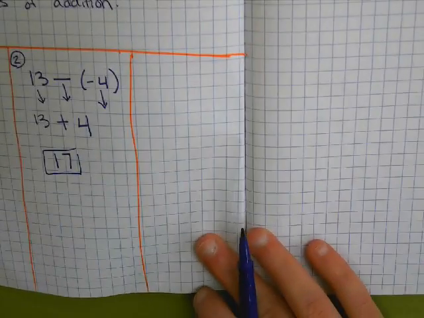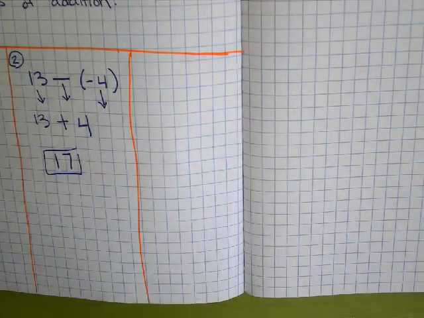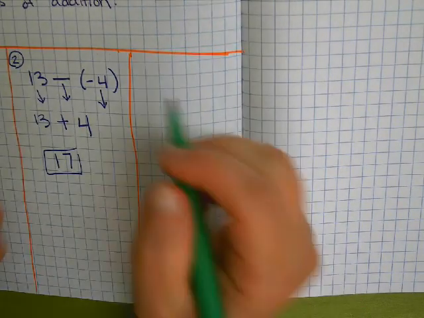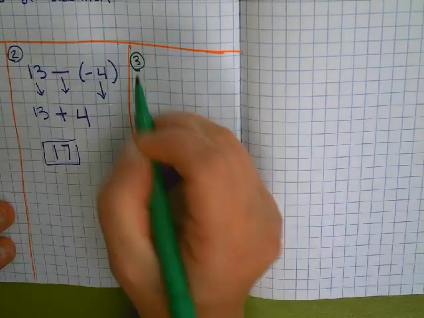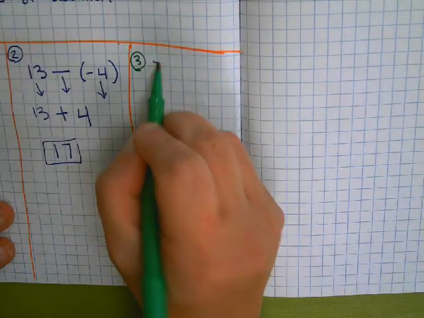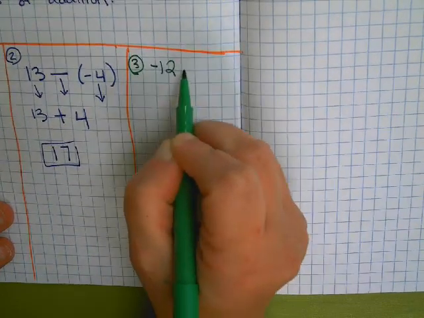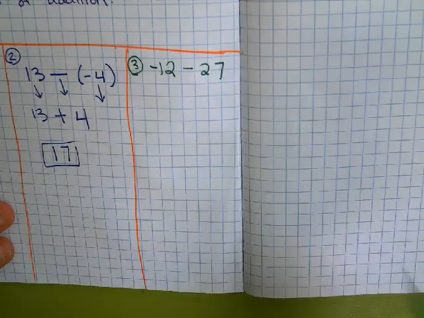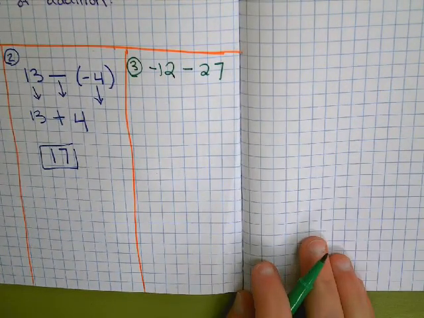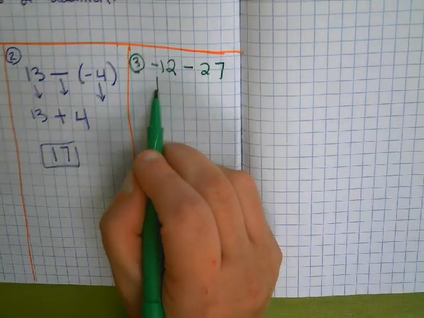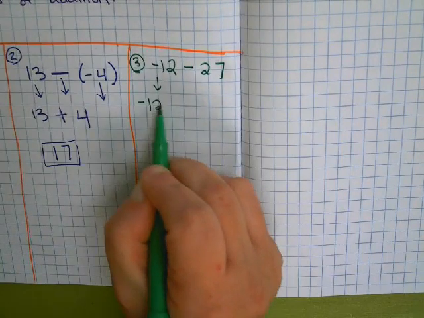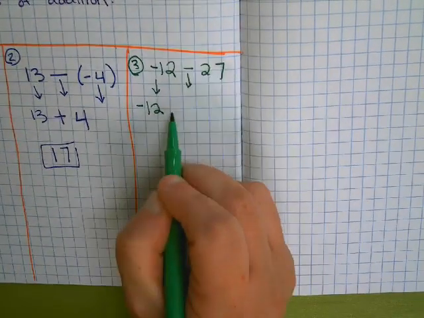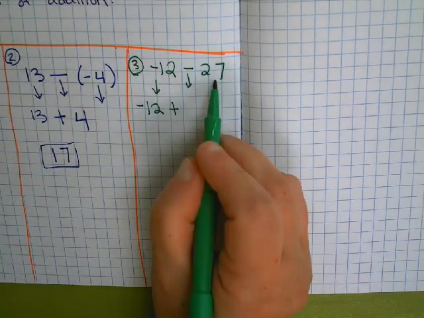All right. And then our last one here, number 3, negative 12 minus 27. Keep the first number the same. Change the subtraction to an addition. And take the opposite of 27.